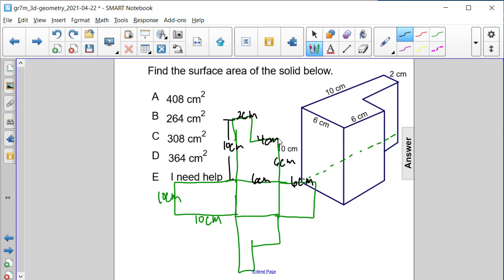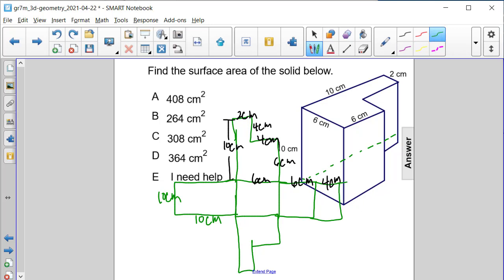And then we're going to have a 4 centimeter rectangle, so a little bit shorter. And then we're going to have, okay, so this going up, we have to figure this out. We know the whole length here is 10, and we know from here to here is 6, so this is also going to be 4 centimeters.